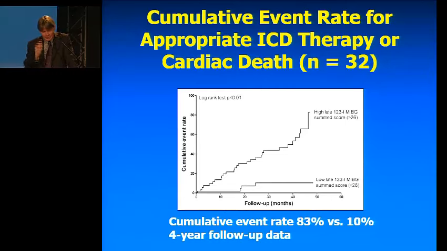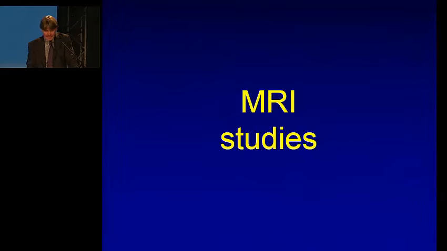This indicates that denervation is a marker or a trigger that we can look for to maybe better predict who needs an ICD and who doesn't. And at this moment in the United States, in combination with centers in Europe, a big trial is being prepared with this MIBG tracer to see if it can help in the prediction of ICD need.